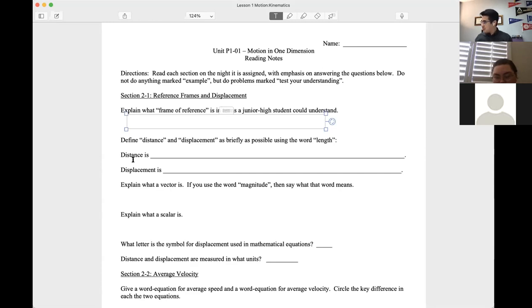So how could we define frame of reference? I'd say your perspective and where you're viewing specific objects, maybe in motion. The perspective from which, you're right, we should use the word perspective, the perspective from which a person can determine if an object is moving.